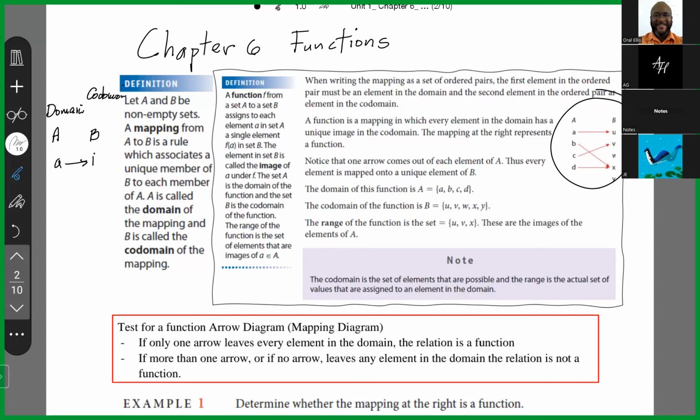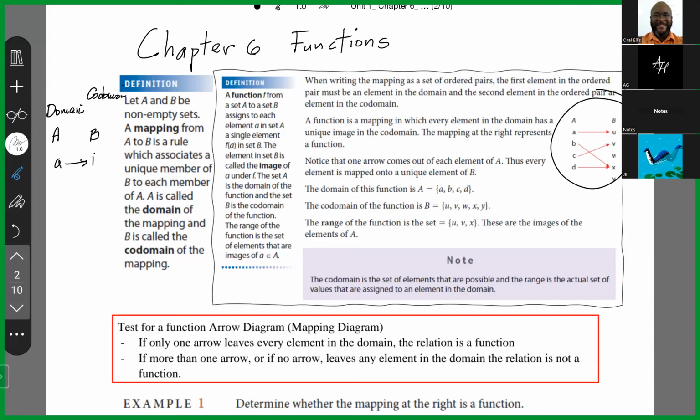All right, so that's all that they have said. That is nothing more than what we would have already learned from CSEC. So that is knowledge that we already know from CSEC. Now, what is a function?